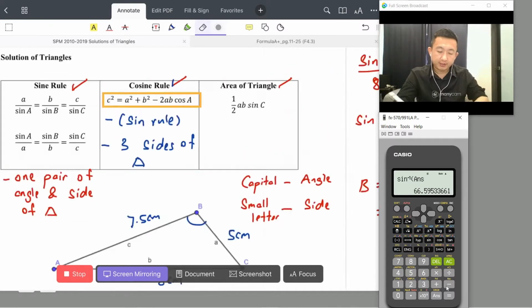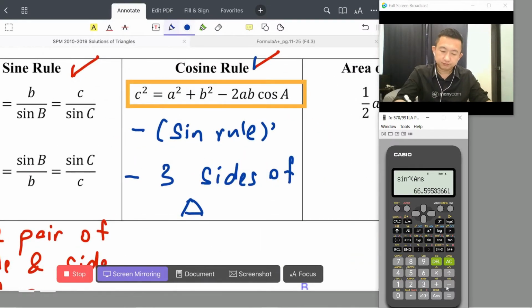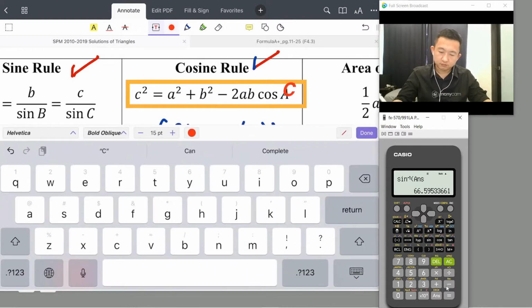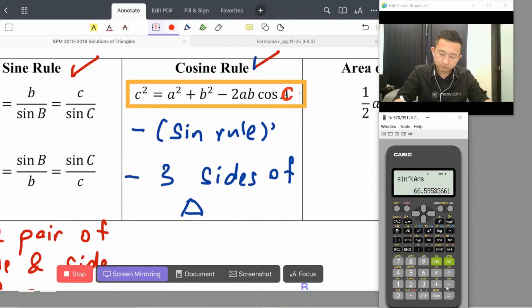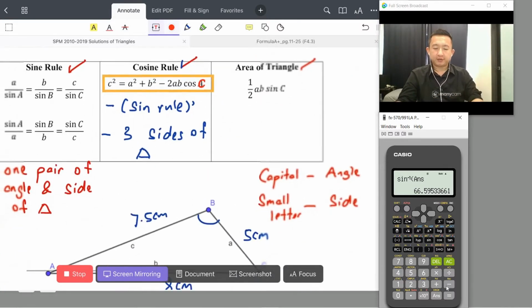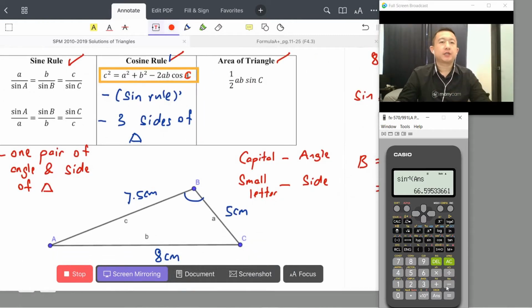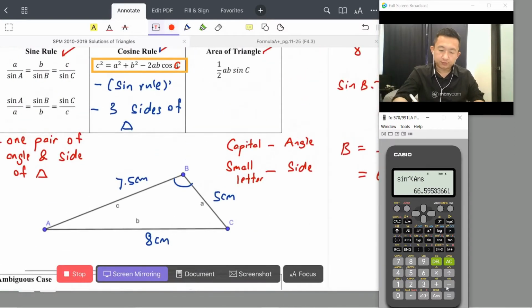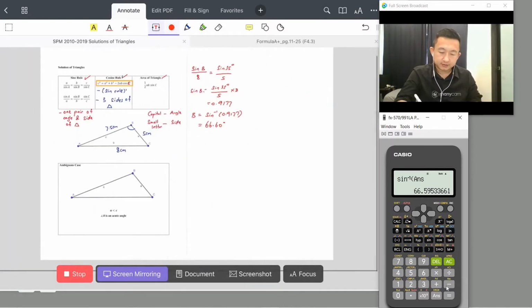It should be, if you're looking for c squared, c squared equals a squared plus b squared minus 2ab cos C. Now, so confusing. Which one is A, which one is B, which one is C? No idea, right? In these situations, you are required to find this angle. Oh, sorry. You need to find this angle.